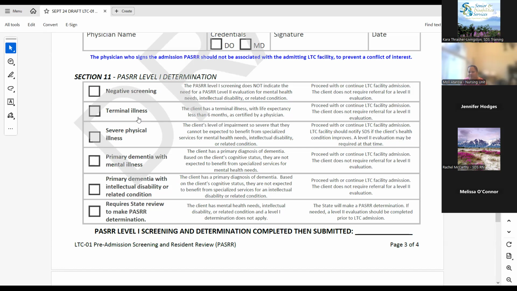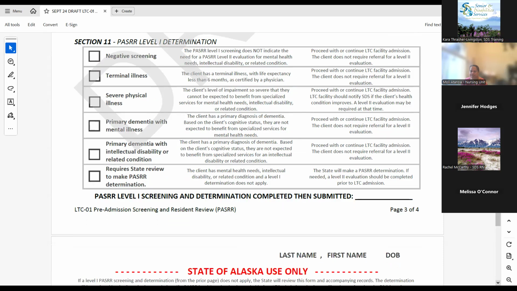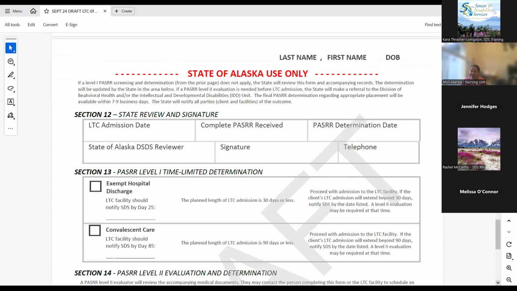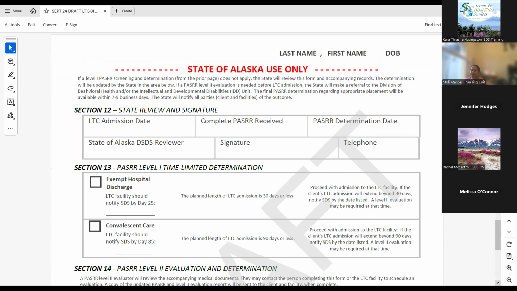Okay, on to the last page of our form. It is the State of Alaska use page. This is where we determine if a level 2 is required, or we're looking to make a time limited determination, specifically section 13, exempted hospital discharge or convalescent care determinations.